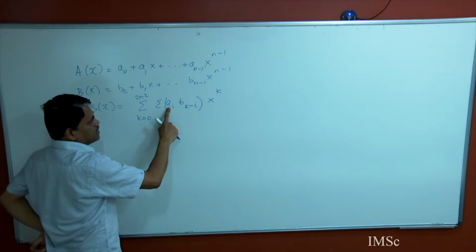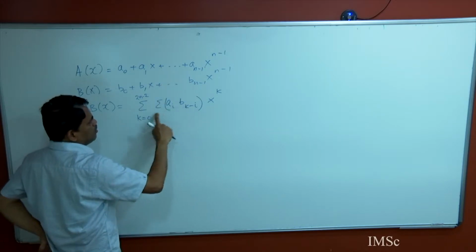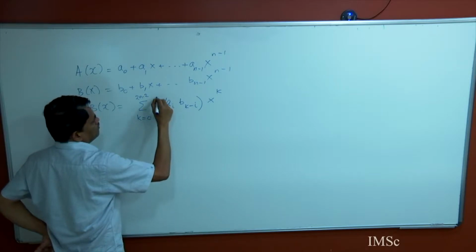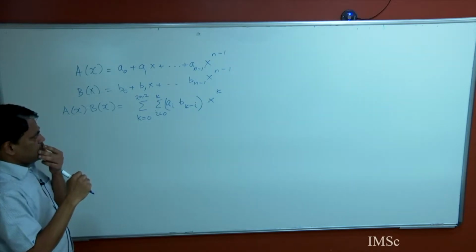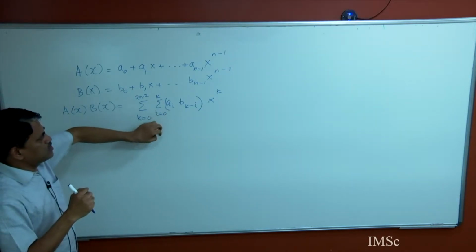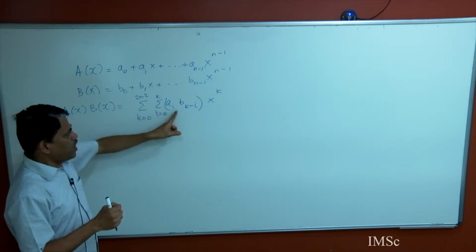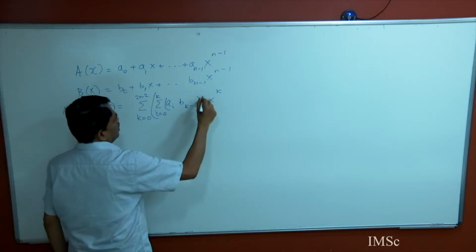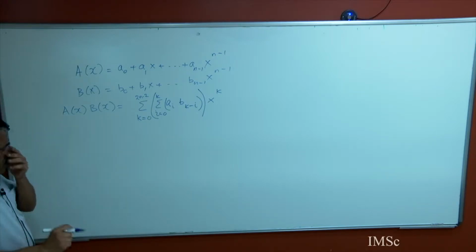So, the x power i term is ai and the x power k minus i term is b(k minus i) for various values of i. So, when you set i equal to 0, this is b k, so that will give you an x power k, and then you have a1 b(k minus 1) and so on and so forth. So, this is how you will get the product polynomial of degree 2n, right.